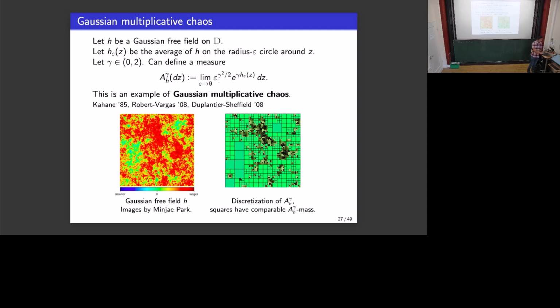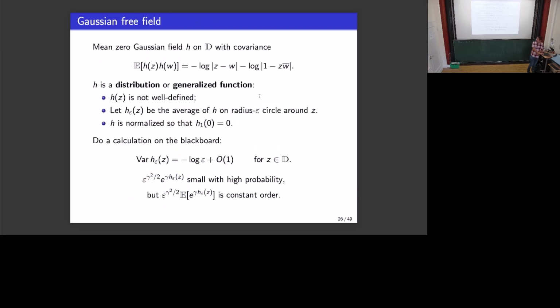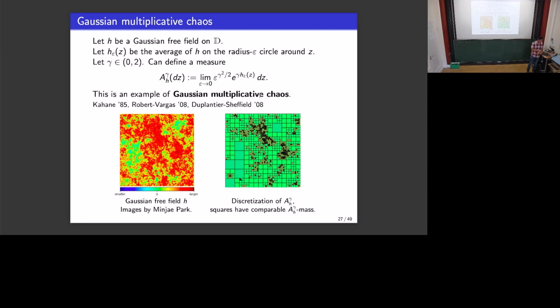At scale epsilon, this is just the Euclidean area measure, and then you weight by e to the gamma H_epsilon(z). So this is a regularization of e to the Gaussian free field, and you put this renormalization term in front of it. From what we discussed, this epsilon to the gamma squared over 2 is a natural choice for the renormalization term. It keeps everything having a typical size.